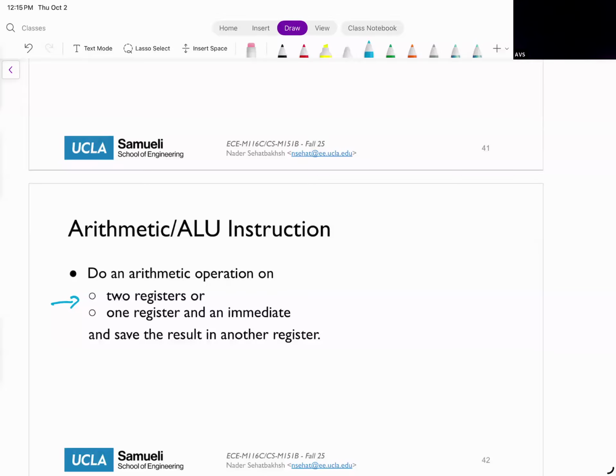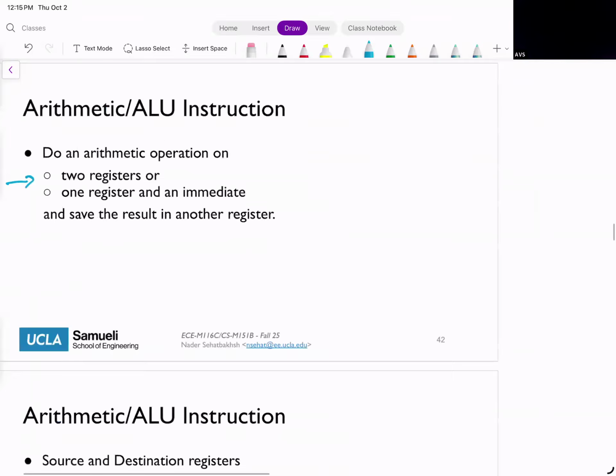Since this is a very common operation, we want to store the result directly into a register so that we can quickly access it. If we want to write it into memory, then we need another instruction, a memory instruction, right after this. So arithmetic operations take a register and another register, or a register and an immediate, and write the result to another register.